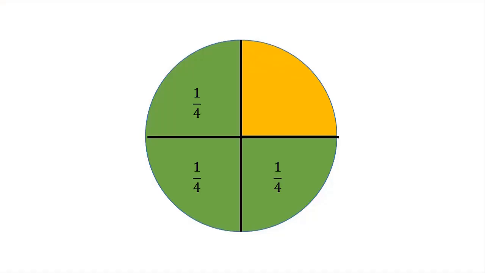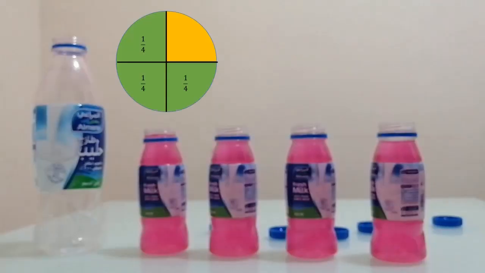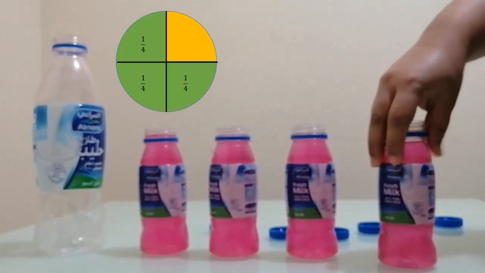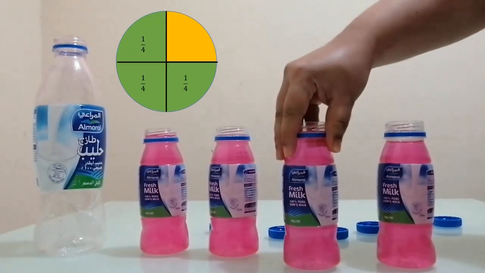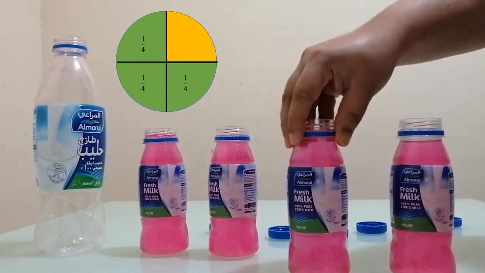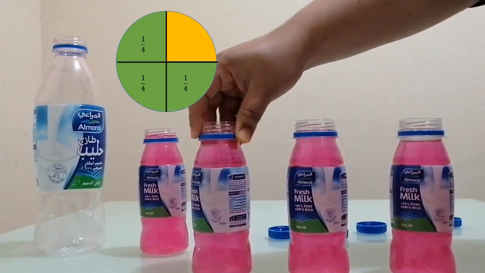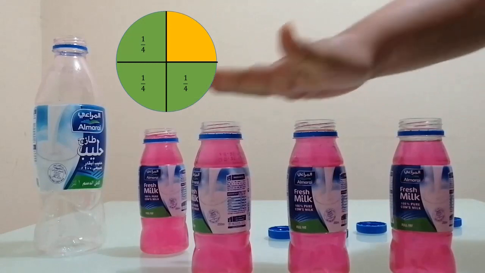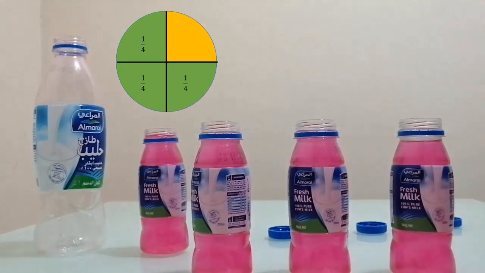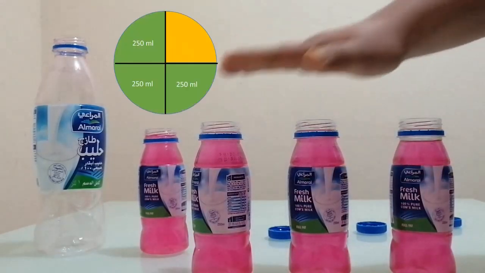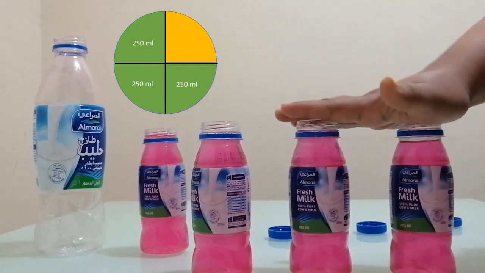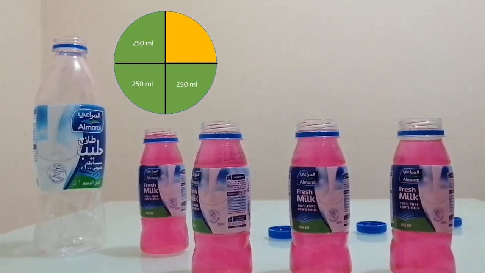Now what about 3/4 of a liter? This is 1/4. This is another quarter. This is another quarter. So I have 3/4 of 1 liter. How many ml would be 3/4 of a liter?